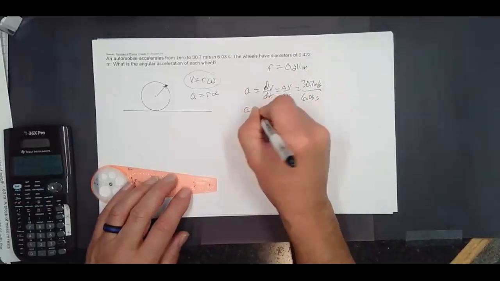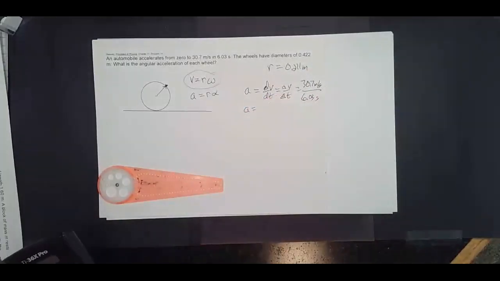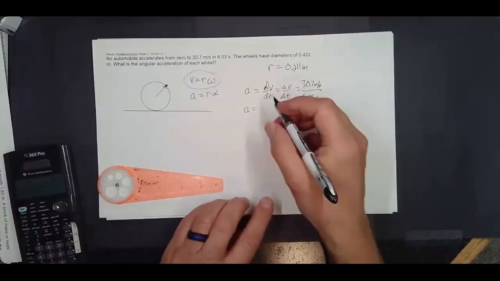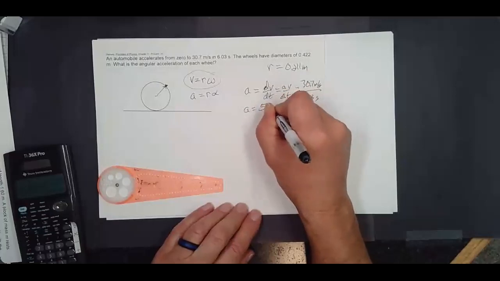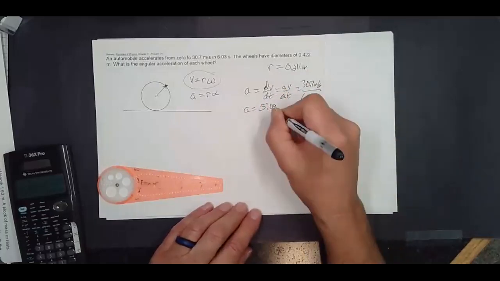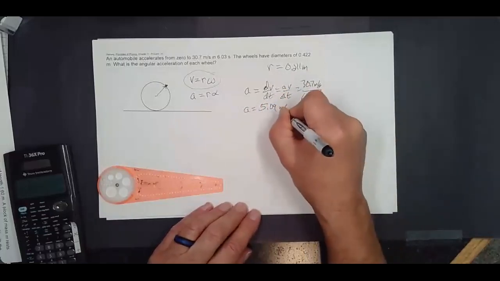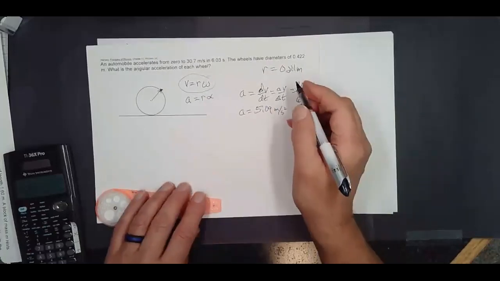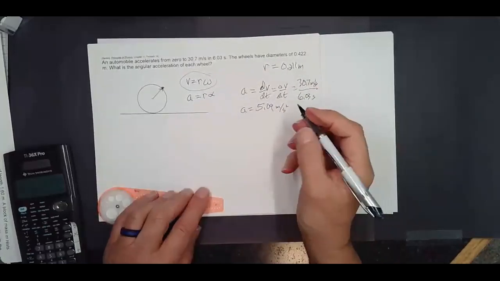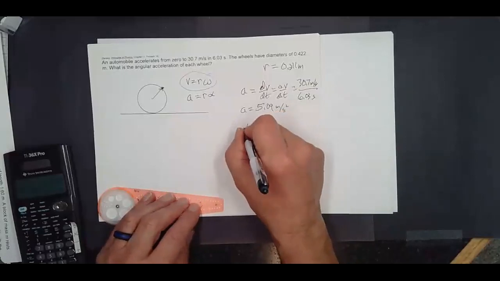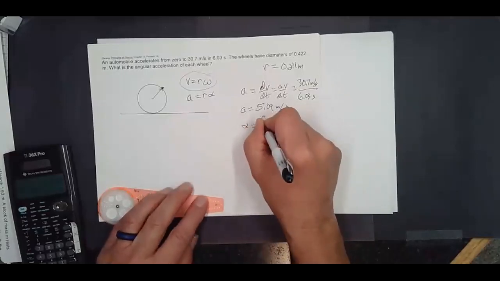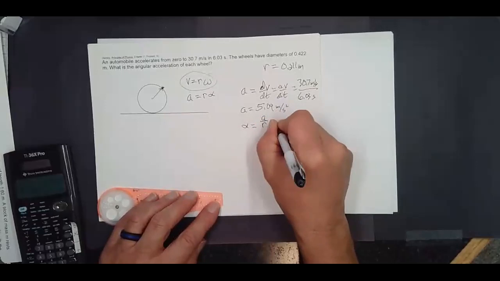So the linear acceleration is, good practice to do this again because the final's coming up, 5.09 meters per second squared. And then the angular acceleration, alpha, is just going to be a divided by r.